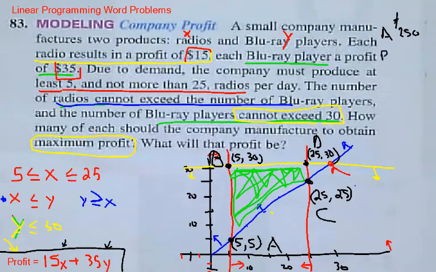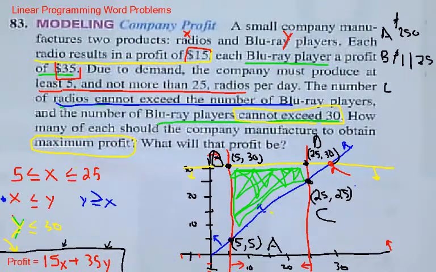But what about point B? Right? Point B is (5, 30). So I put 5 times 15 plus 30 times 35. Oh, that's much bigger. We put the little dollar sign. 1,125. How about that?